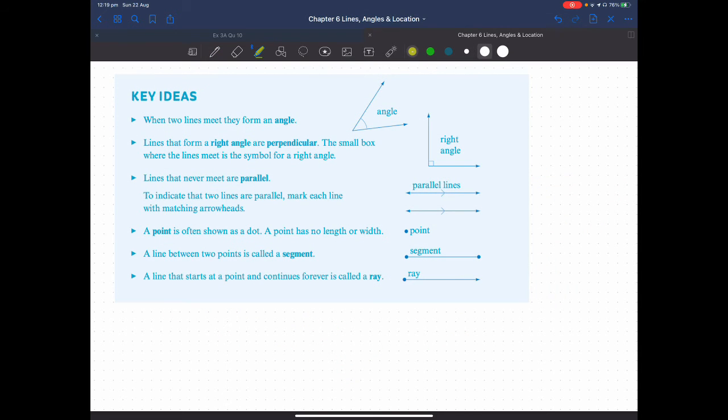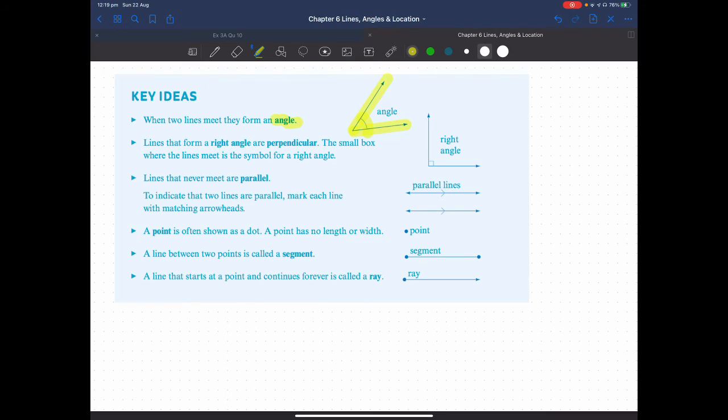So this exercise has a number of terms that you need to be aware of. Firstly, an angle. An angle is formed when two lines meet, as shown in the diagram. Two lines are meeting, the angle is what is between those two lines.